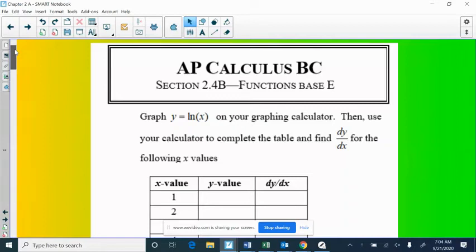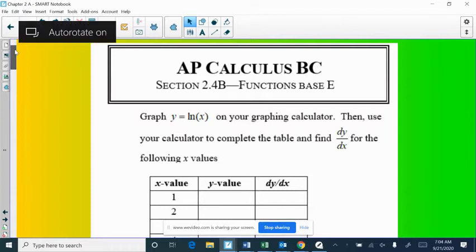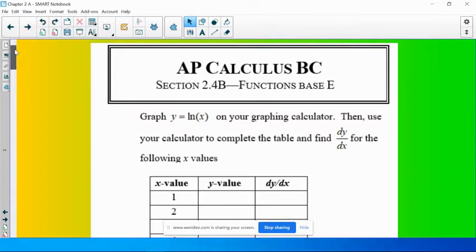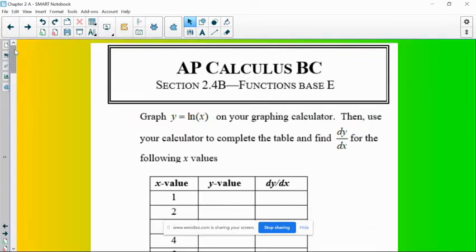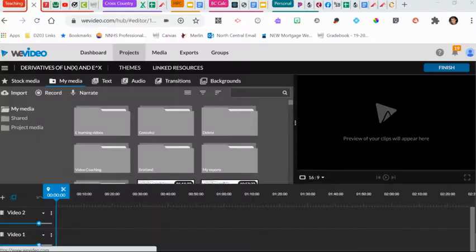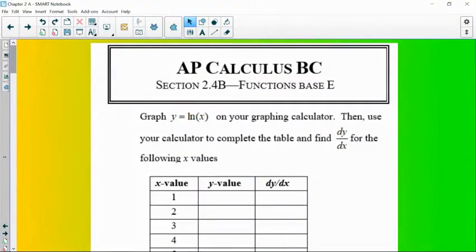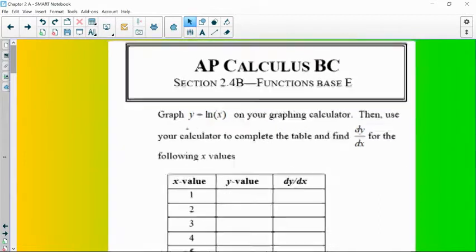Okay, so what I want to look at is derivatives of exponential functions, or I guess functions base e. So we're going to look at natural log, and we're going to look at e to the x. What I would like you to do is go into your calculator and graph y equals ln x.